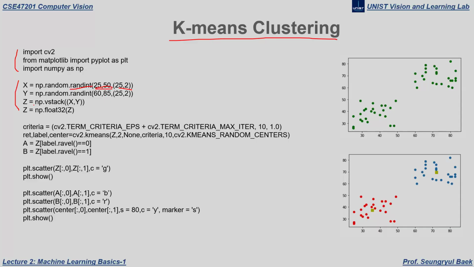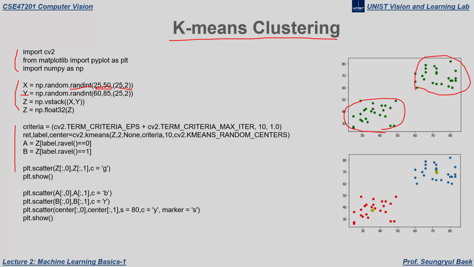And for Y, this is the samples for X, and this is the samples for Y. So you are actually making 50 samples overall.